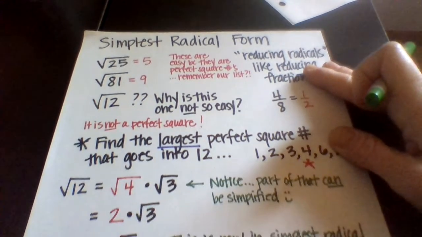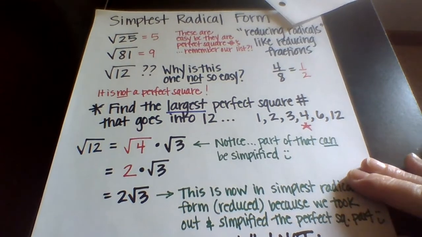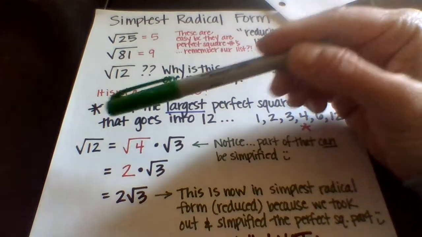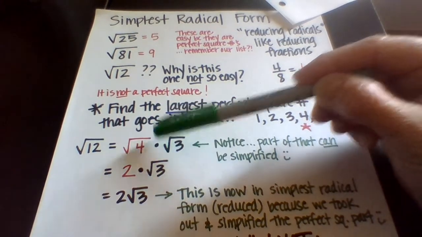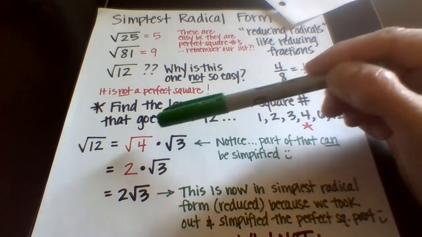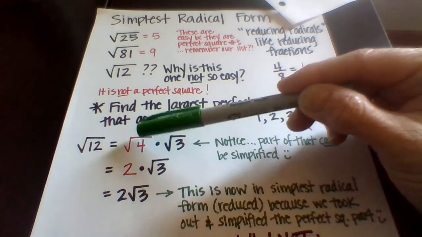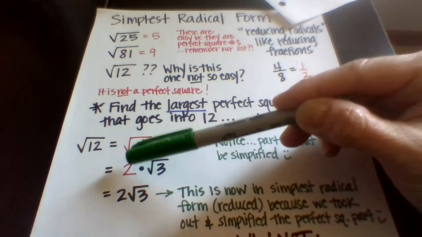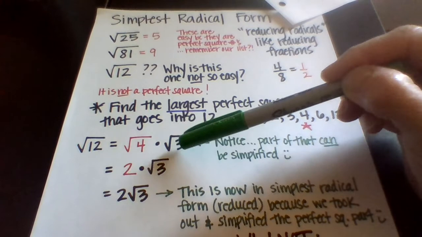So let me slide this up here a little bit. With the square root of 12, I'm going to break it down to the square root of 4 times the square root of 3. Notice that part of this can actually be simplified. So what is the square root of 4? 2, right? I'm just showing right here that truly all of this is multiplication.